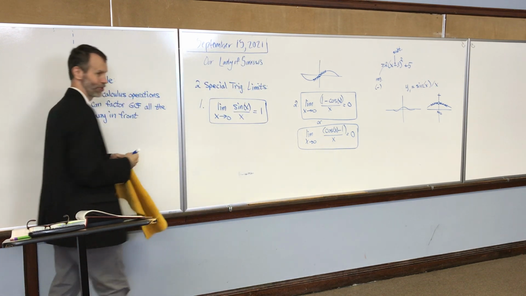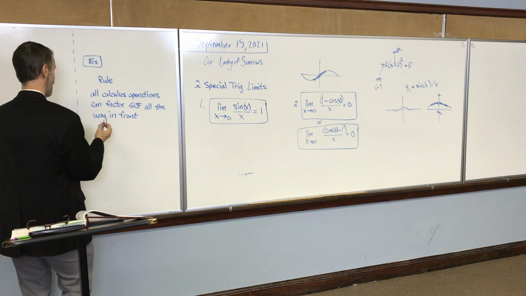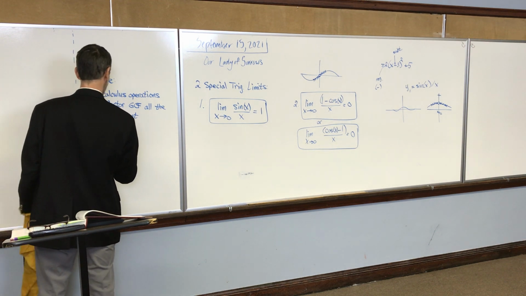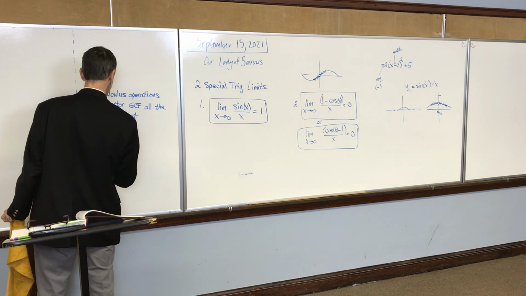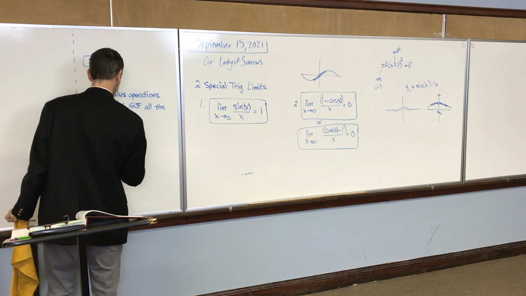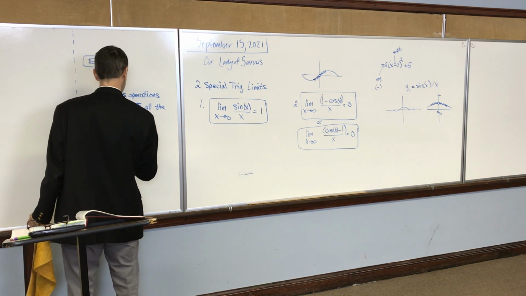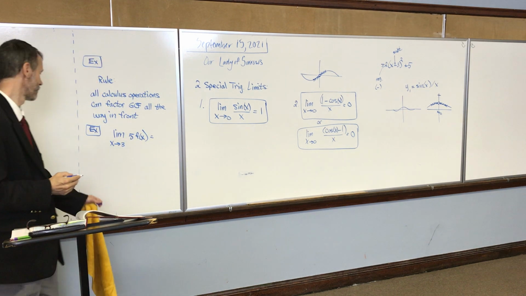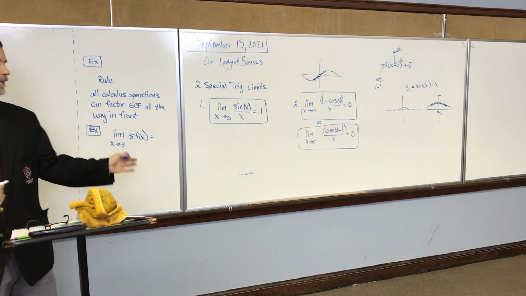Now it has to be an actual GCF. Quick example. The limit as x approaches 3 of 5 times f of x. Go ahead and write that down. I did this totally random.